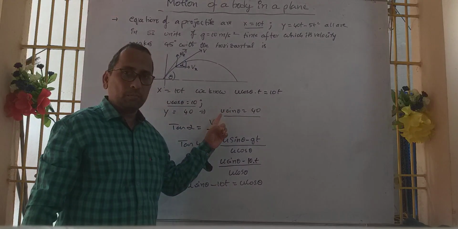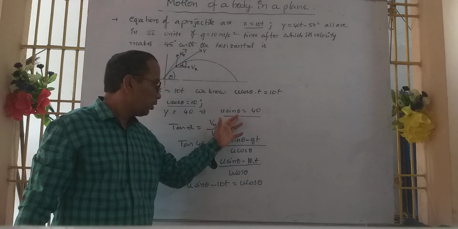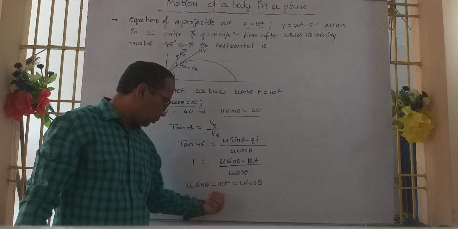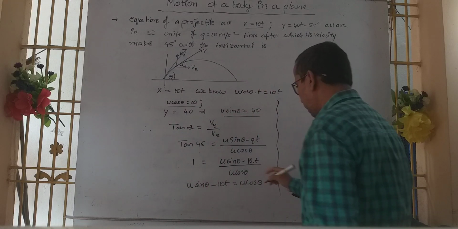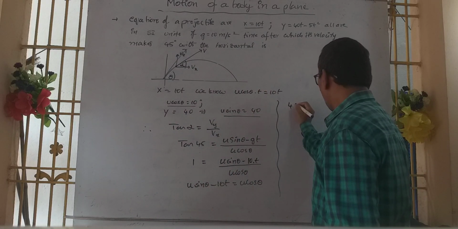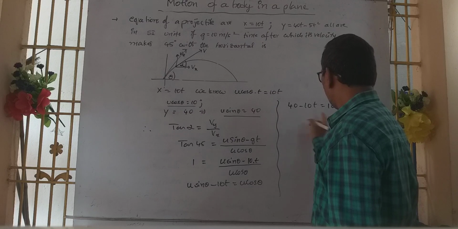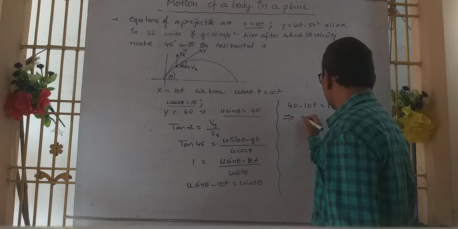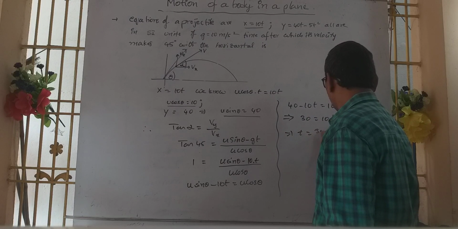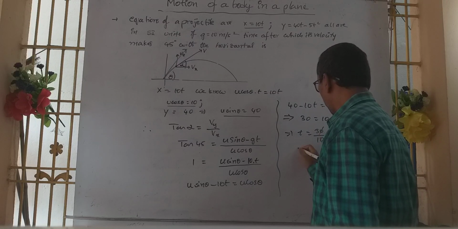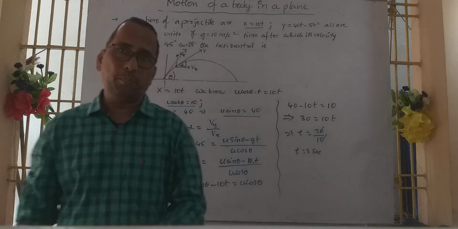But we already got u cos theta is 10 and u sin theta is 40. Substituting these two values, 40 minus 10 into t is equal to 10, which implies 30 is equal to 10t. So t is equal to 30 by 10, t is equal to 3 seconds. This is the solution.